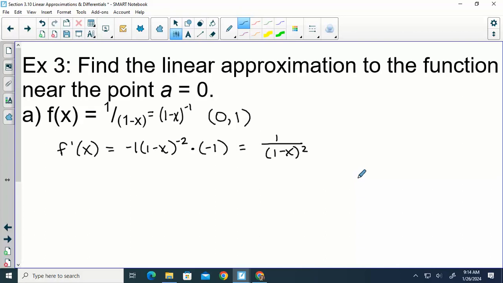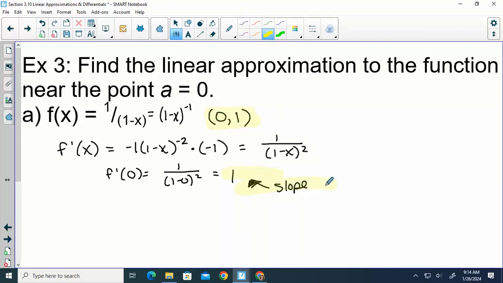Is everybody okay with how I got that? So now we plug in our a value, which was 0. And we get 1. That's my slope.